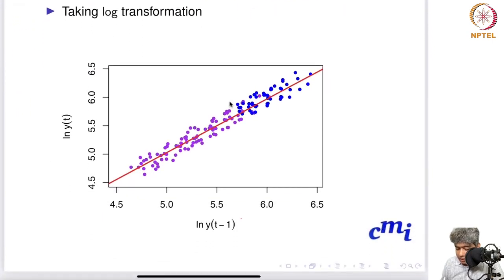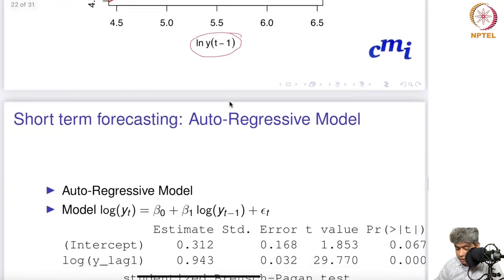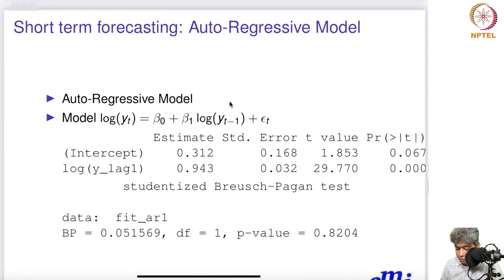So I have taken the log yt minus 1 and log yt and plotted them. Now it looks like they have somewhat homogeneous behavior, which is probably correct. Now if you fit log yt equals beta naught plus beta 1 log yt minus 1, you see that the Breusch-Pagan test p-value is very high.